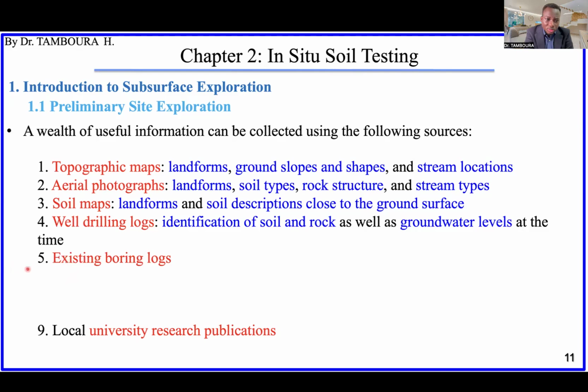You can also get information from existing boring logs, if they exist, depending on the area you are in the country. Because some countries have a lot of information. And also some local departments of transportation can give you soil manuals.